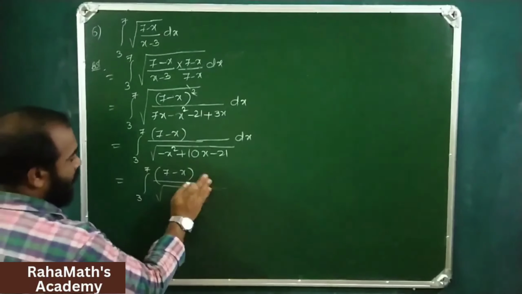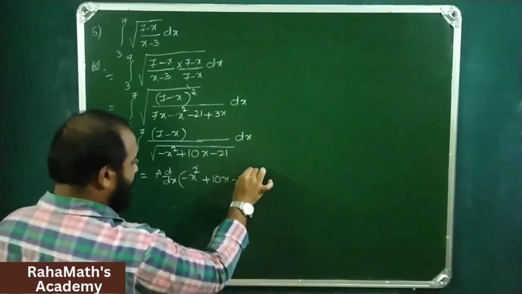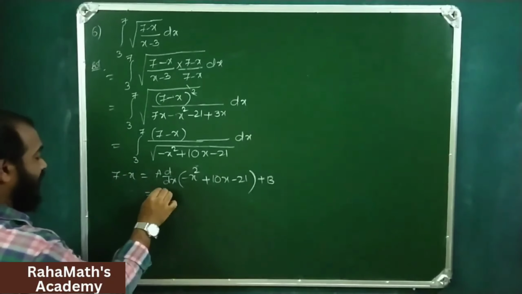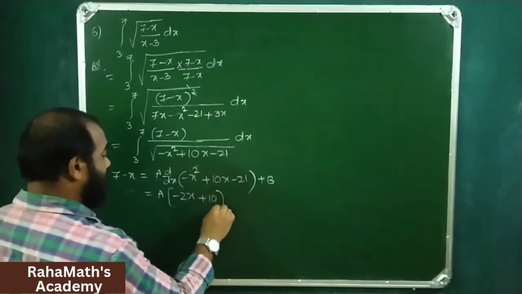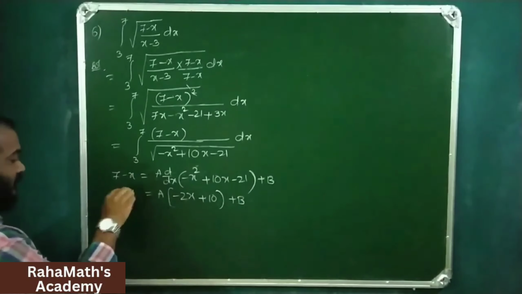From this onwards, linear expression 7 minus x is equal to A into d by dx of the quadratic expression minus x square plus 10x minus 21, plus B. A into d by dx of minus x square is minus 2x, d by dx of 10x is 10, plus B.